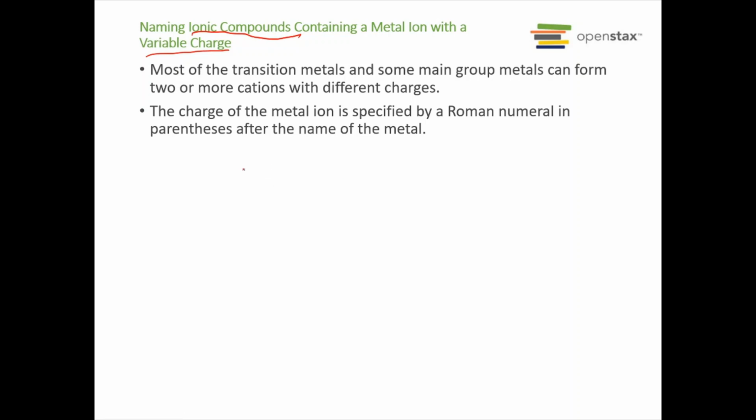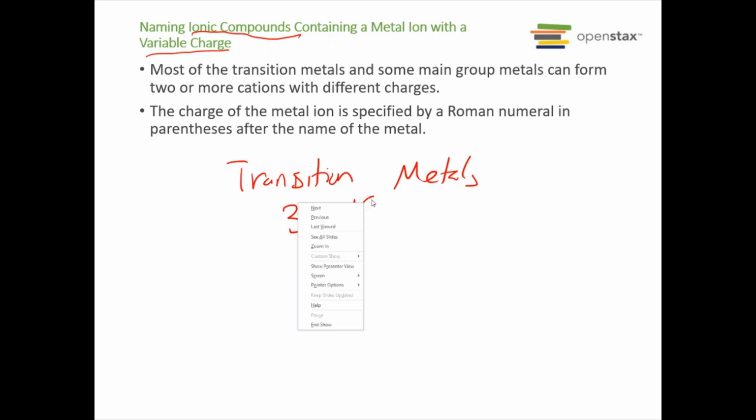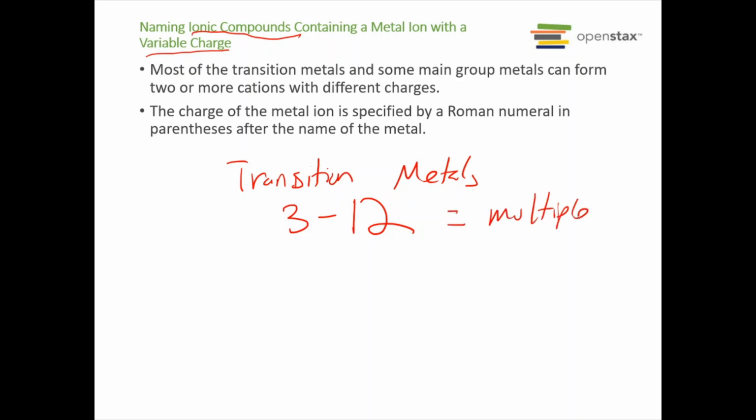You would find that many transition metals, often found in groups 3 to 12, if I'm not mistaken, somewhere in that ballpark, often have multiple possible charges. That means, for example, iron readily exists as iron 2+ and iron 3+.